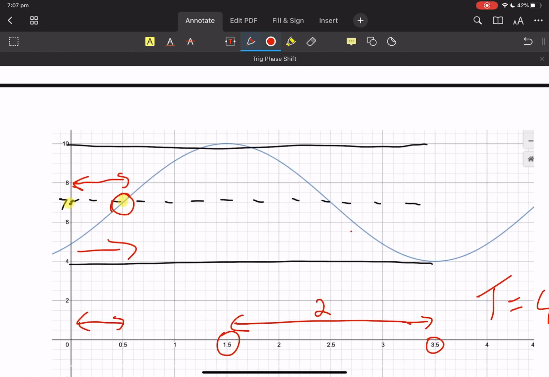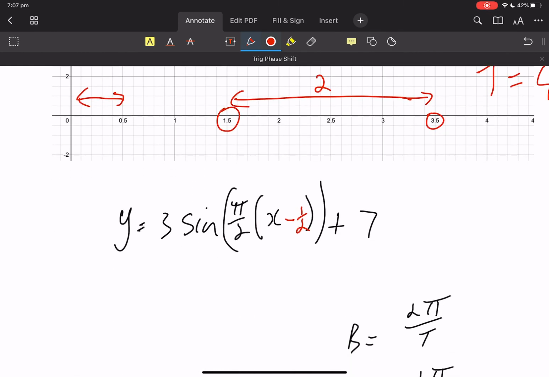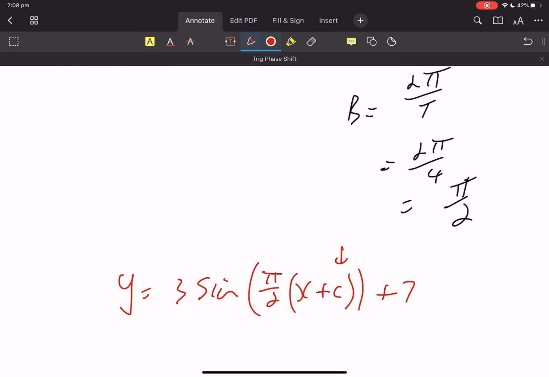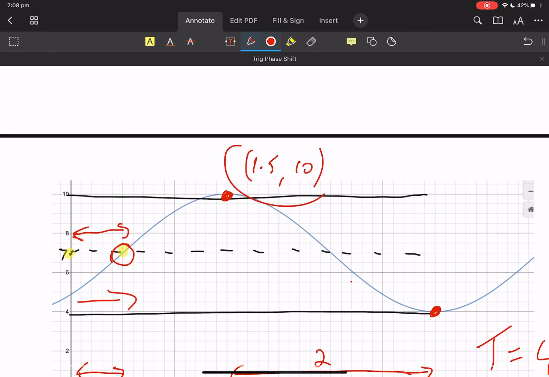It's important that you choose either a maximum, because that will be easier to spot, or a minimum. Guarantee if you put the maximum in of 1.5, 10, that's a point that lies on the line, therefore it must satisfy the equation. Here we didn't actually know what C is, so I'm going to make x 1.5.